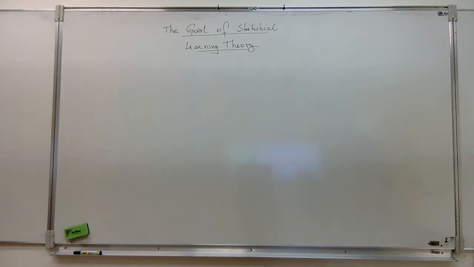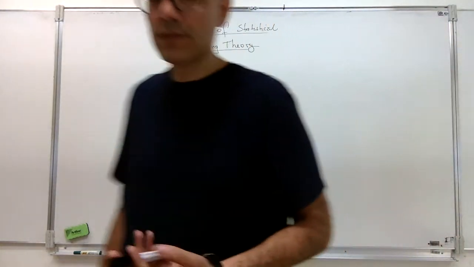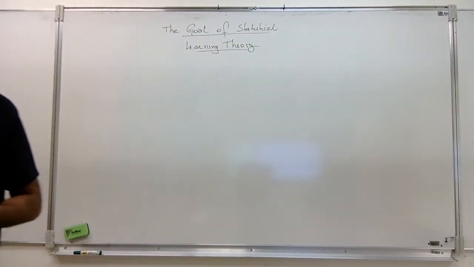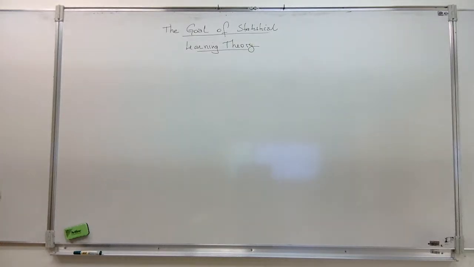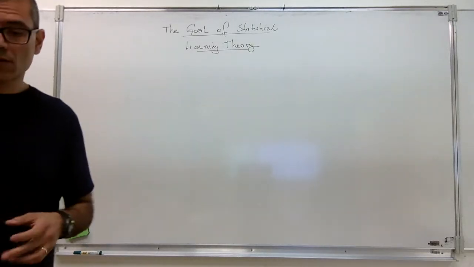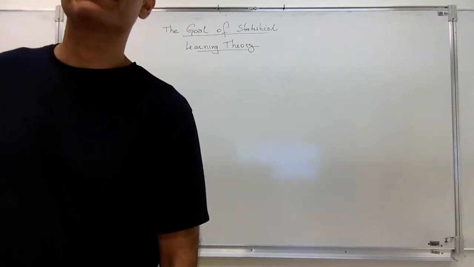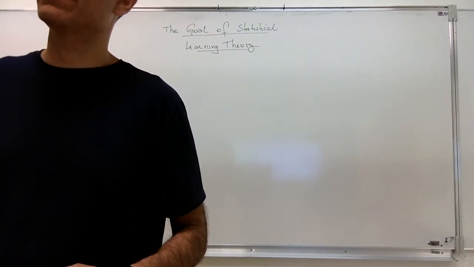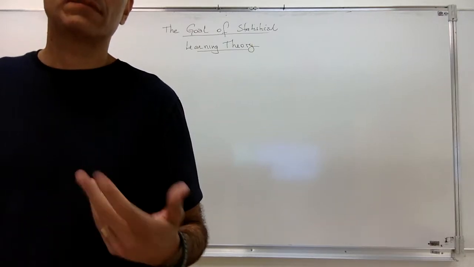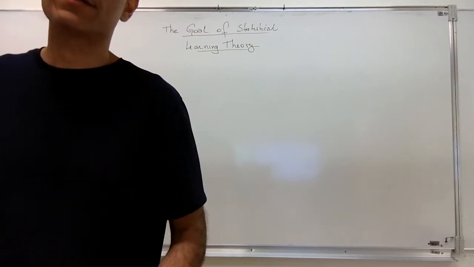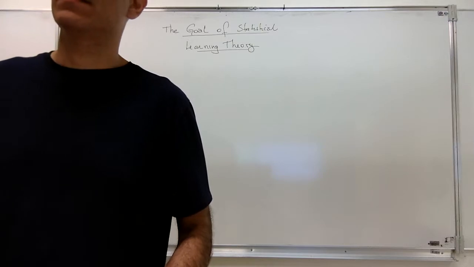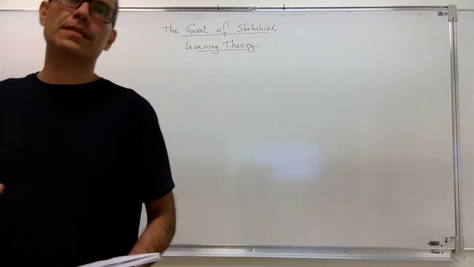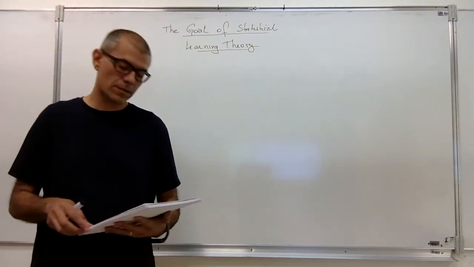Okay, so I will start introducing the statistical learning theory. My idea today is basically defining the goals of the statistical learning theory. Afterwards, I will bring some math and some probability to explain it in detail and maybe show some examples, because I think that makes everything easier to understand.